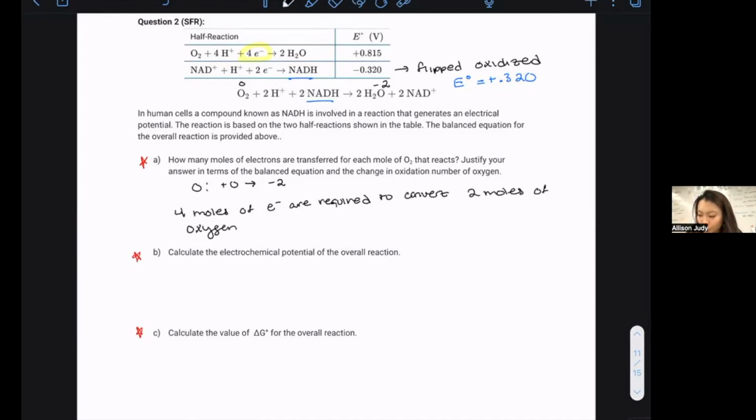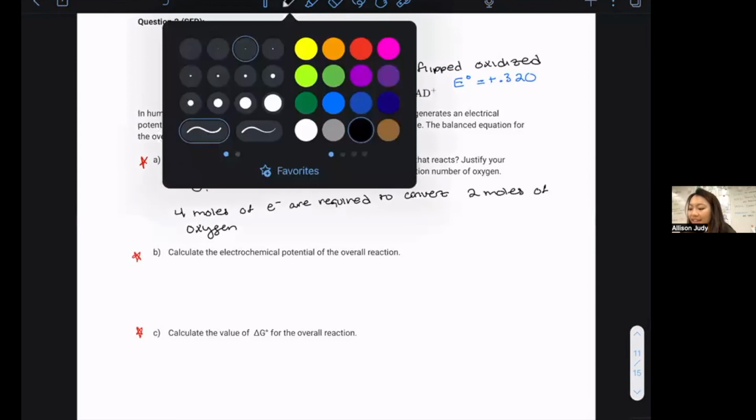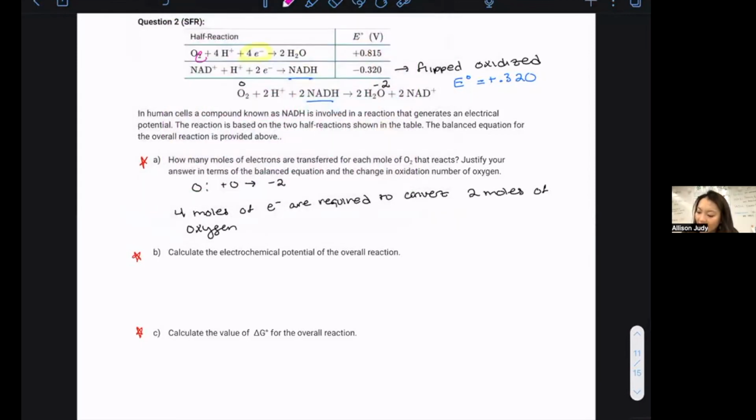Where did I get the 2 moles of oxygen atoms? Well, if I'm looking at each individual atom of oxygen, for every 1 mole of diatomic oxygen, I needed 2 moles of actual individual oxygen atoms, because it's 2 oxygens, double bonded to each other, to make 1 diatomic oxygen.